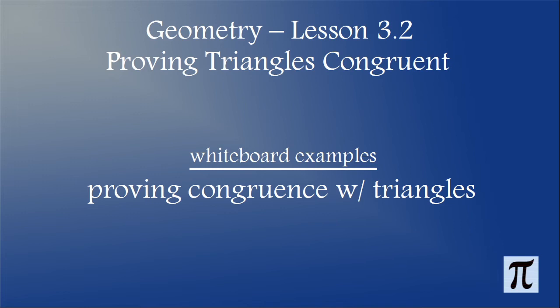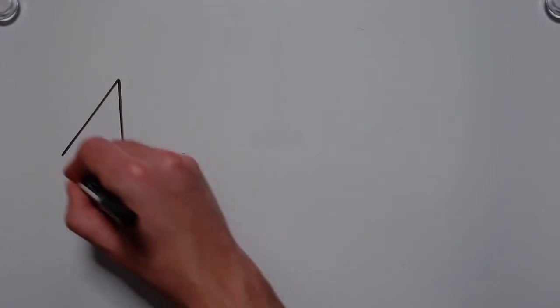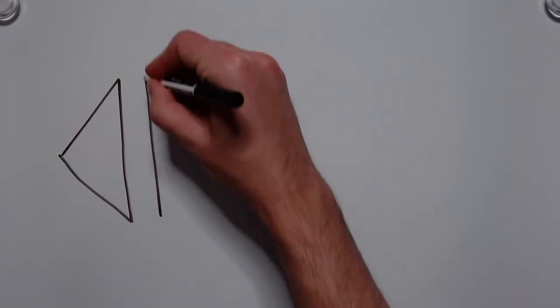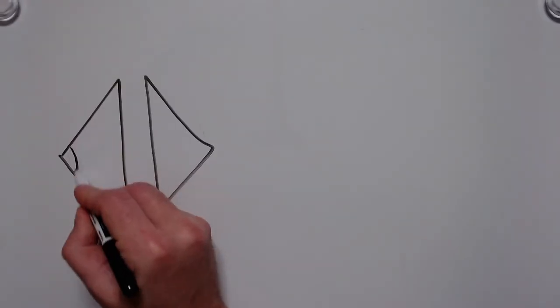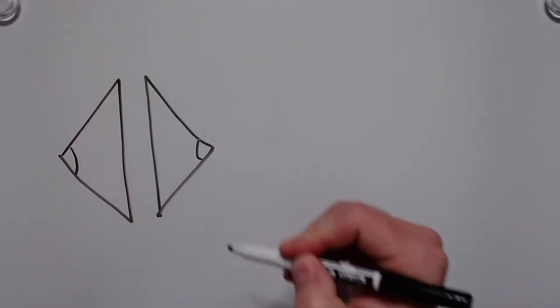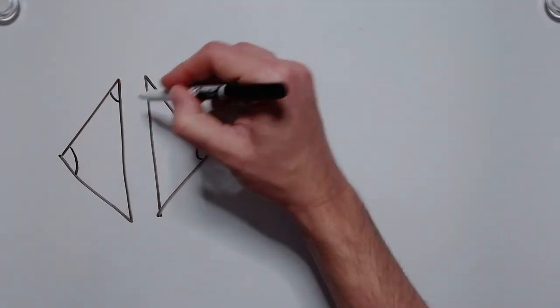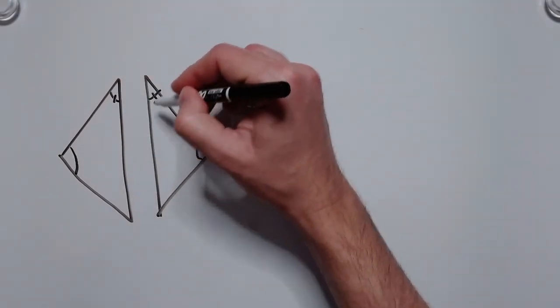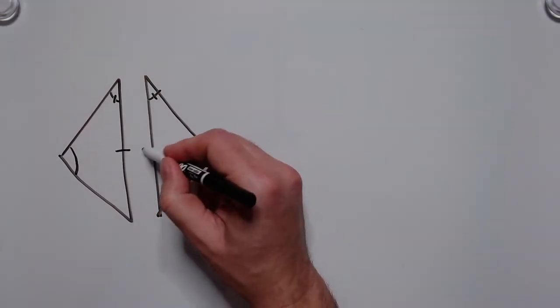Let's jump over to the whiteboard and look at some congruent triangles. Alright, let's draw two triangles here, something like this, and something like this. Let's say we've got an angle and an angle that are congruent, and we've got this angle and this angle. I'm going to draw little dots through them. These angles are congruent, and we'll say this side and this side.